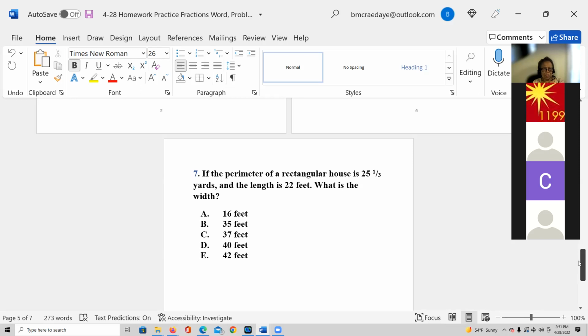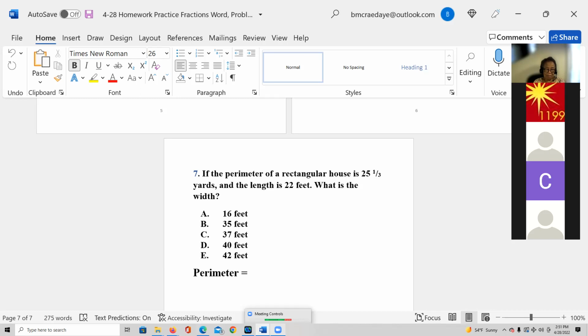Okay, now what is the formula for finding the perimeter of a rectangle, Mercedes? I didn't say area. Well, area is length by width, but what is the perimeter of a rectangle?